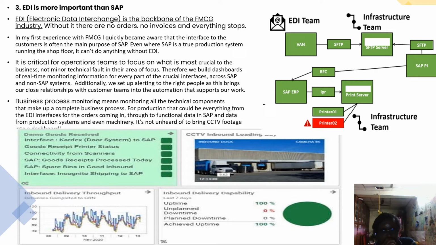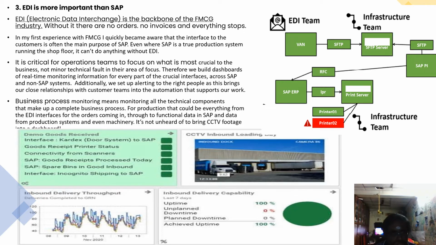It is not unheard of to bring in CCTV footage, which gives a dashboard interaction. Using the CCTV, you can get the goods received, the interface of the door system where the materials are moving in and out from the yard, which is integrated to SAP, and goods received printer status and connectivity from the RF scanners or barcode scanners.